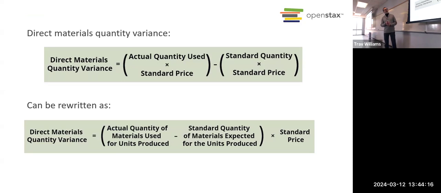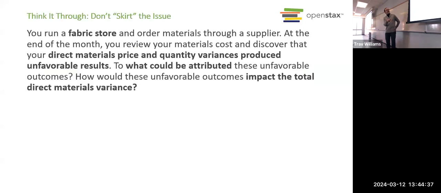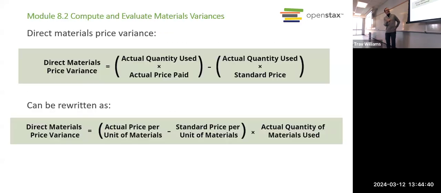Now, this is similar, a little different. In this case, we're taking actual quantity times standard price and subtracting standard quantity times standard price. So here the difference is between actual quantity and standard quantity. If we compare that with the other formula for price variance, actual quantity was the same in both cases, right?